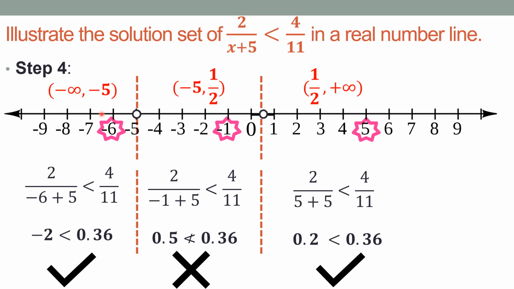Okay? So, in these regions, -infinity to -5, -5 to 1/2, and 1/2 to +infinity, only the first region and the last region have check marks.